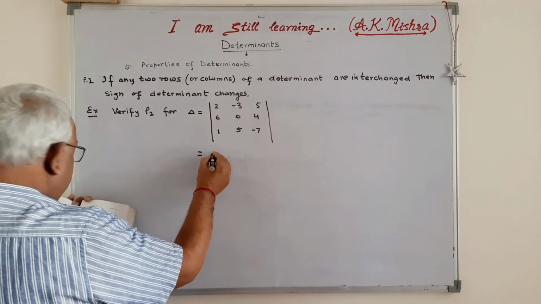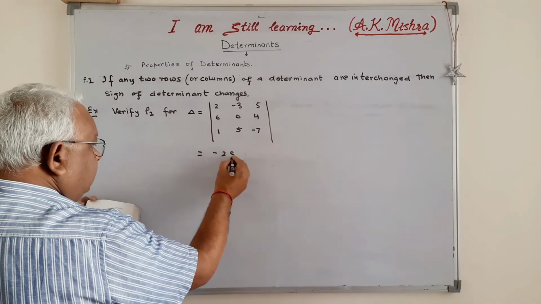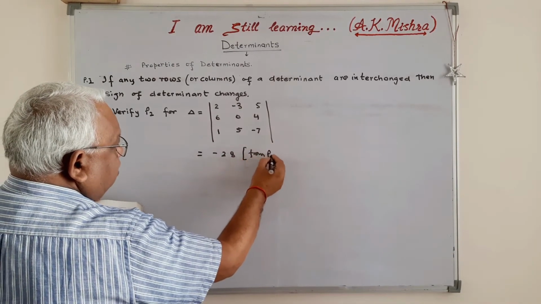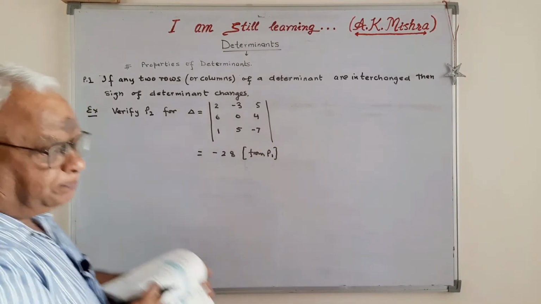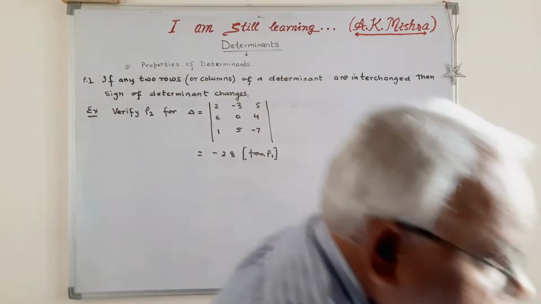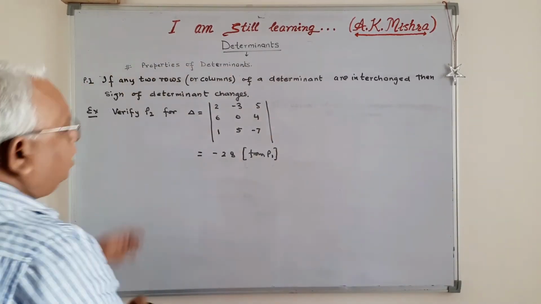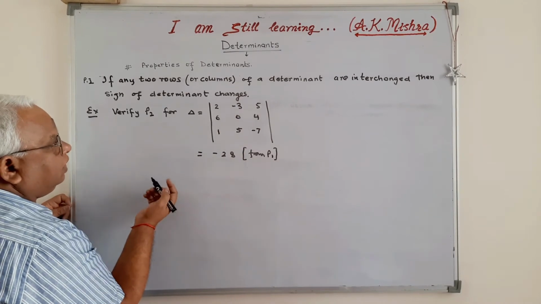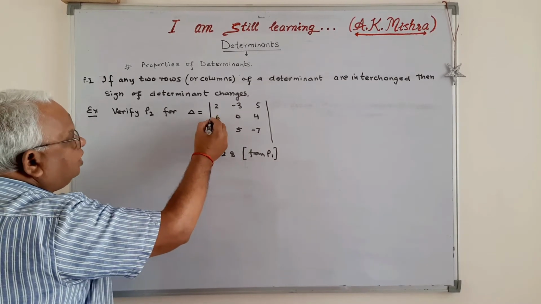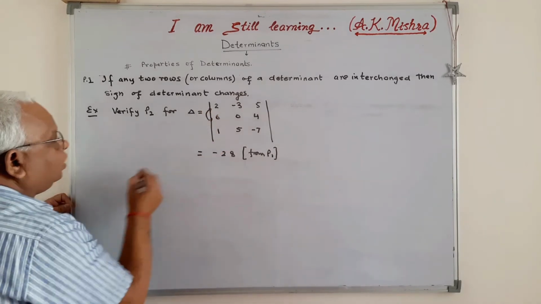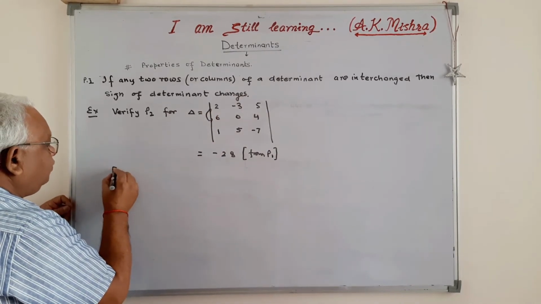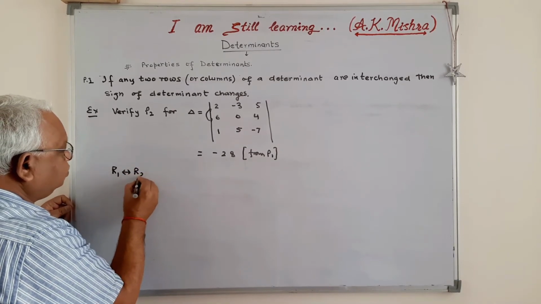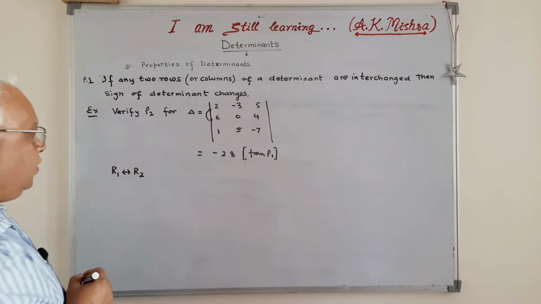And you know the answer for this was minus 28 from property 1. Now we can interchange any two rows. Suppose we interchange these two. So R1 interchanges with R2. This is the property we are using.